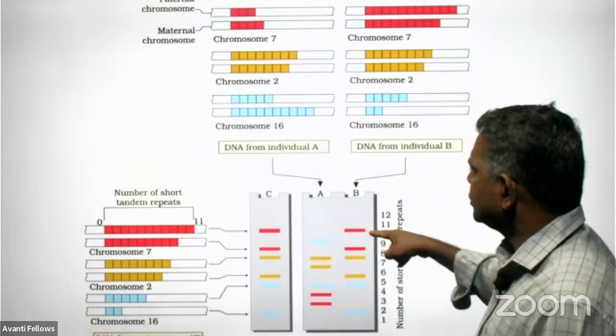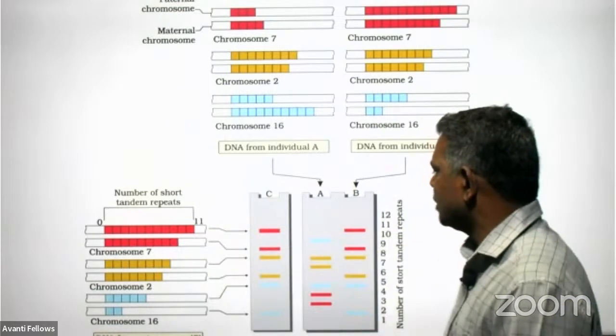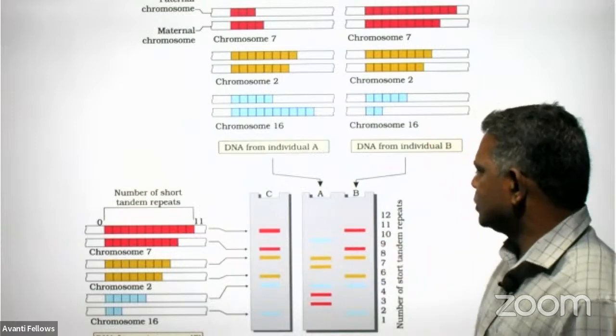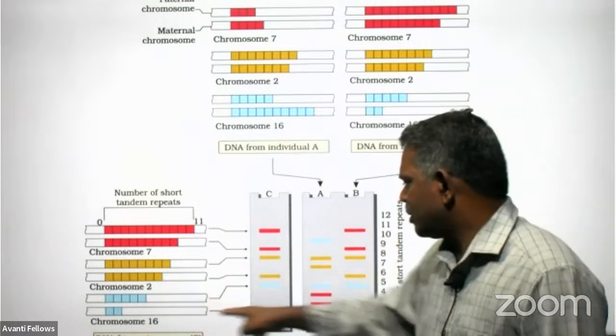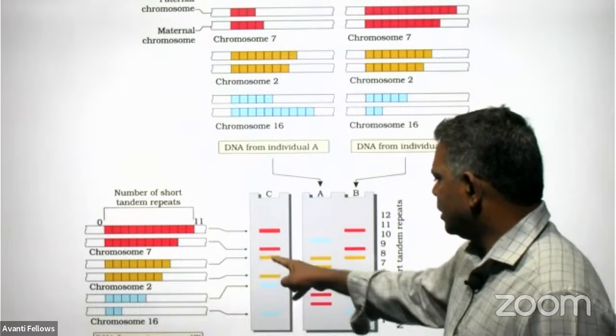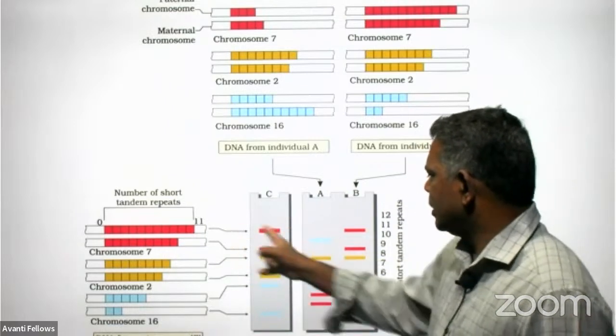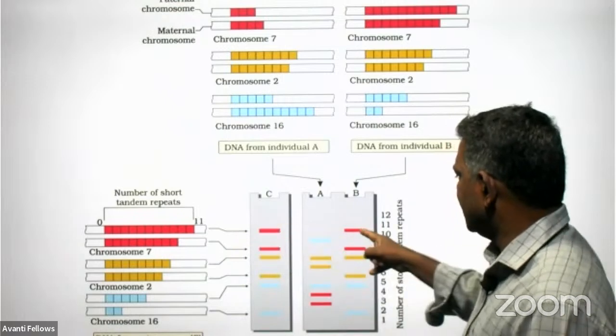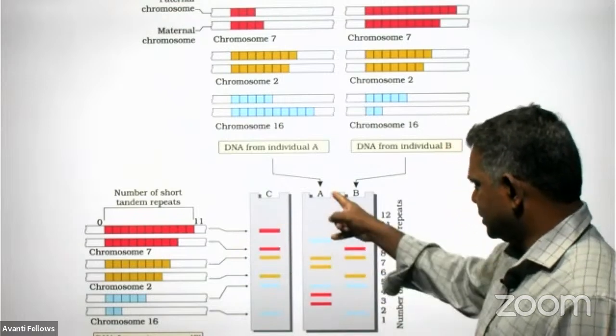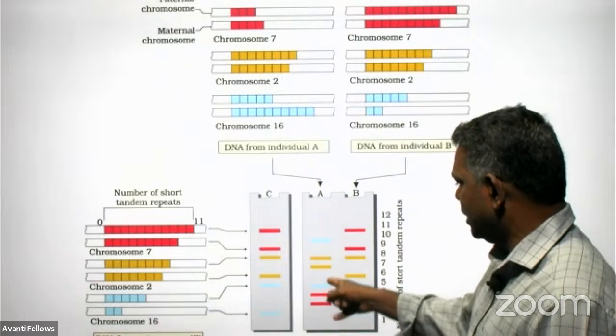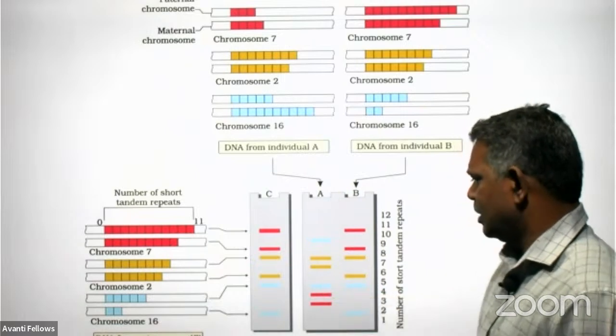These red patches are from chromosome 7, the blue one from chromosome 16, and the yellow one from chromosome 7. Comparing with this, here we can see the same patches, whereas in individual A, the band is here only.